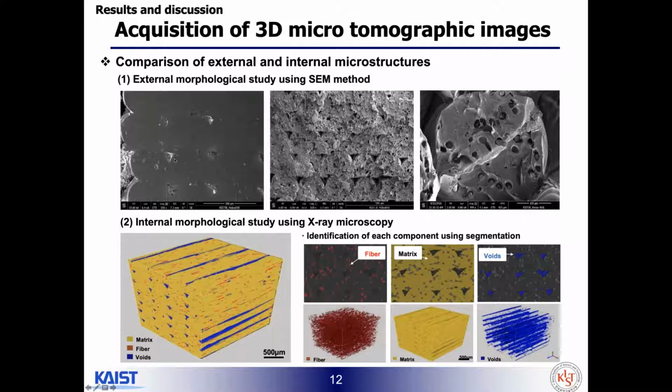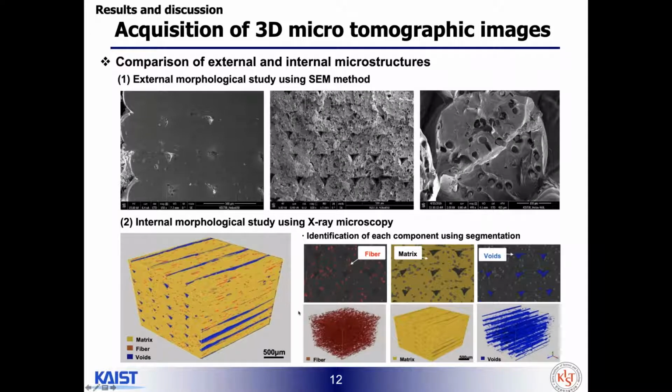However, these conventional microscopes provide only limited data, only for external microstructure, but give insufficient information on internal microstructure. On the other hand, non-destructive X-ray microscope provides more meaningful image data than the SEM method.